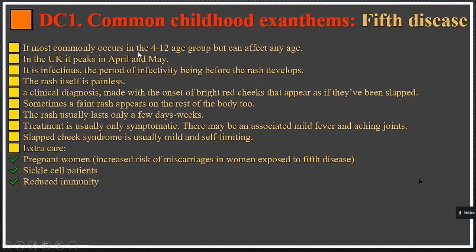Most commonly occurs at age 4 to 12. In the UK, in April and May. The period of infectivity is before the rash develops. Any of them can be a question in the exam.